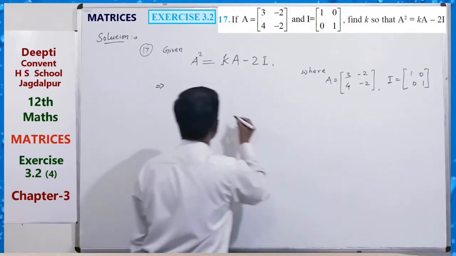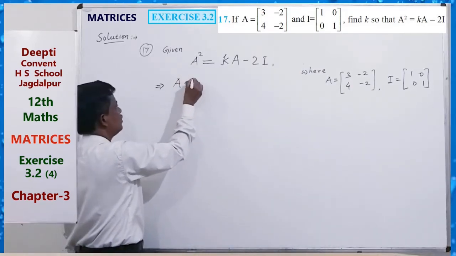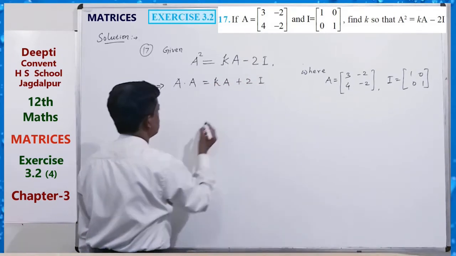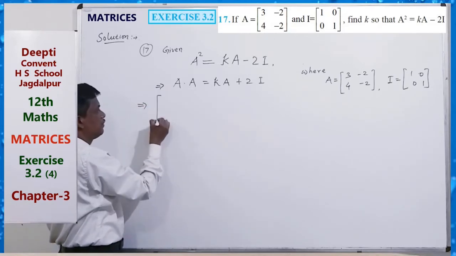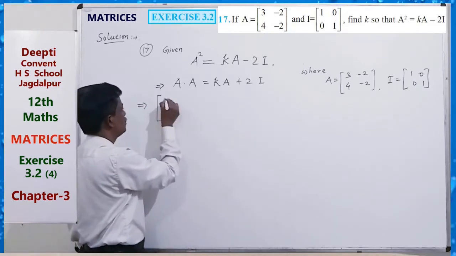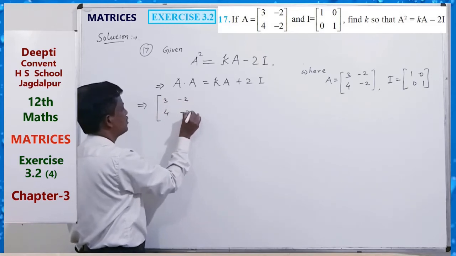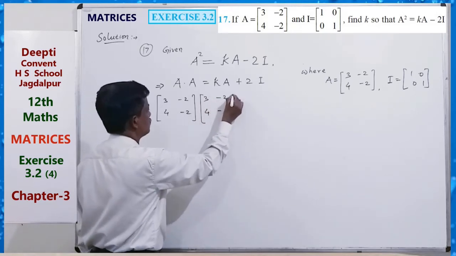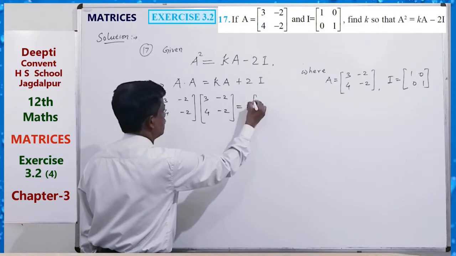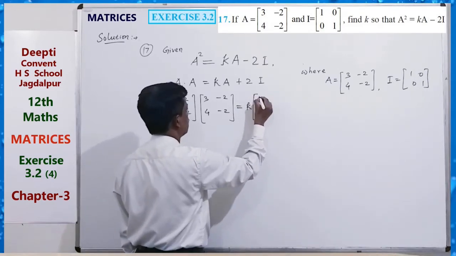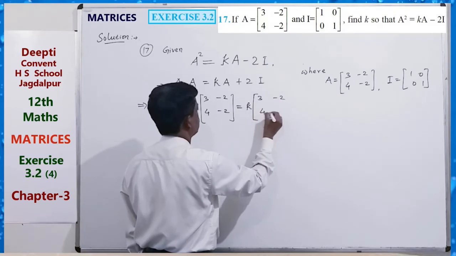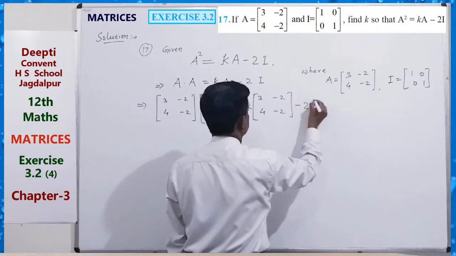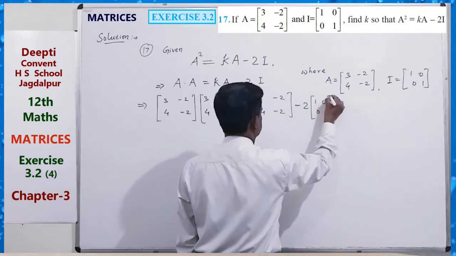A square is required, so we can write A into A equals kA minus 2I. Just write here A: 3 4, minus 2 minus 2, again 3 4, minus 2 minus 2, equals k times A: 3 4, minus 2 minus 2, and here minus 2I, where I is 1 0, 0 1.